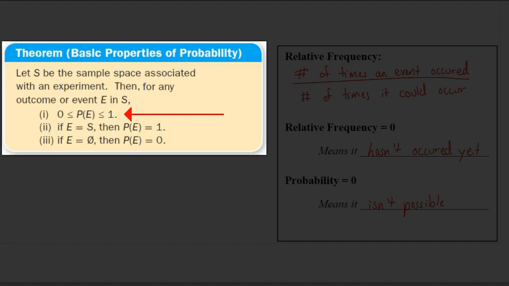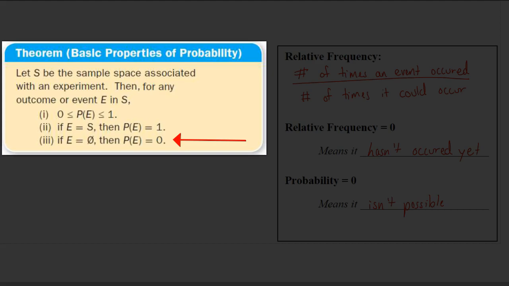Now it could also be exactly 0, meaning it's impossible to happen, and it could be exactly 1, meaning it's always going to happen, or anywhere in between. Now if the event equals the sample space, that's what the E and the S represent, then the probability of the event is going to be exactly 1. If an event isn't possible, then the probability of the event is going to equal 0.